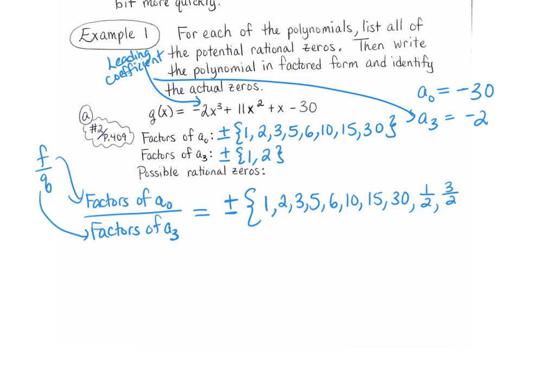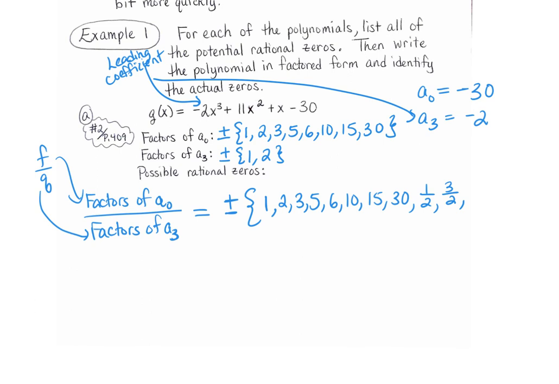Remember, we're taking the factors of a naught and dividing it by the factors of a sub 3. So notice this is why I put, if you're highly visual, it helps to put the factors of your constant term on top, divided by the factors of your leading coefficient, because then you know this goes in your numerator, this goes in your denominator. That's a visual cue.